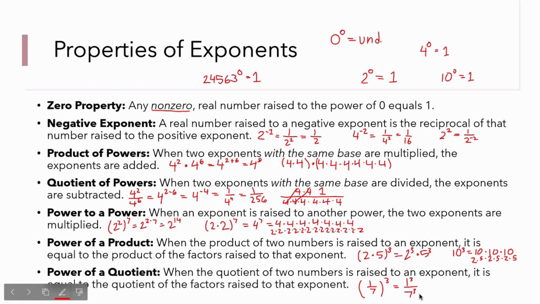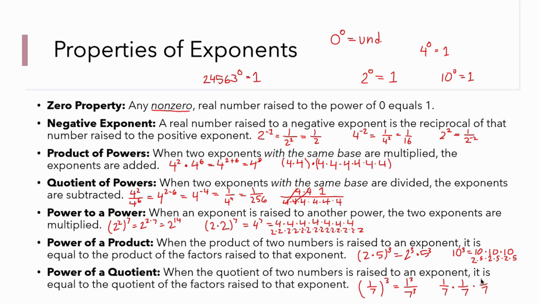And why this works is because if you did 1/7 cubed, you would do something like this. 1/7 times 1/7 times 1/7. And when you're multiplying fractions together, again, you are multiplying the numerators together to get the numerator of your product, and then you're multiplying the denominators together to get the denominator of your product.